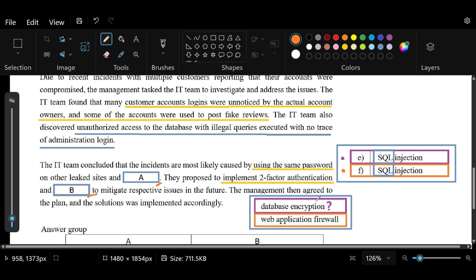The management then agreed to the plan and the solutions were implemented accordingly. Okay, so looks like there are incidents occurring, and the solution was two-factor authentication. And another one that we need to find, because the same password was being used on other leak sites and blank.